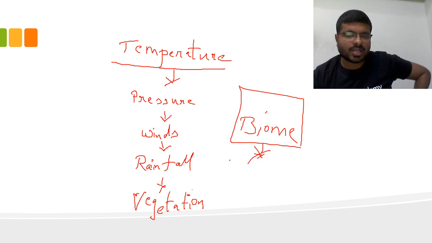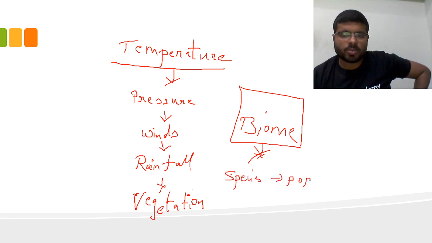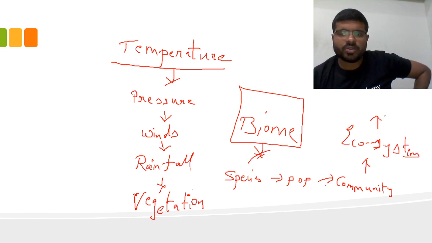If you remember the first class as I discussed, individual species, a group of species called a population, population to community, and a group of communities living together in unique conditions, in the way they interact, are ecosystems. Multiple varieties of ecosystems make biomes, and multiple varieties of biomes together we call the biosphere.